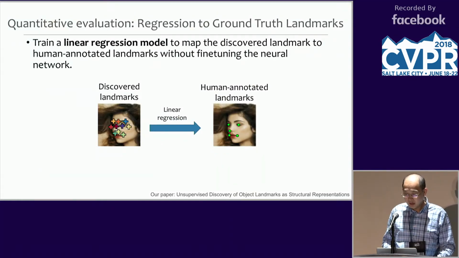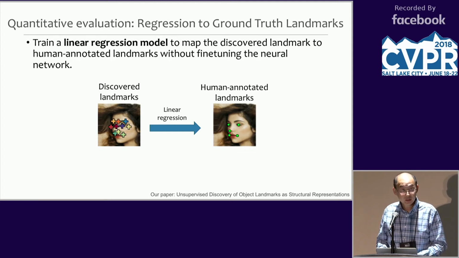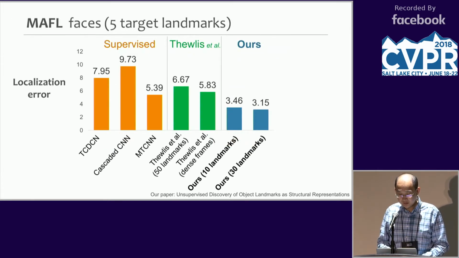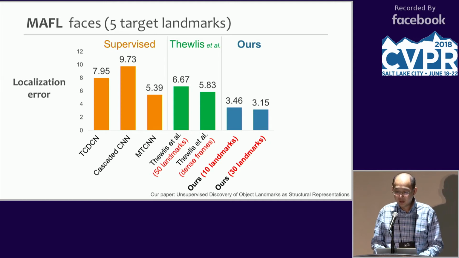To evaluate our method quantitatively, we train a linear regression model to map the discovered landmarks to the human annotated landmarks. So an ordinary landmark detector can be obtained without fine-tuning the neural network. On the MAFL face dataset, our model outperformed the Sminchisescu et al.'s method, even when their method used more discovered landmarks or a dense object frame.